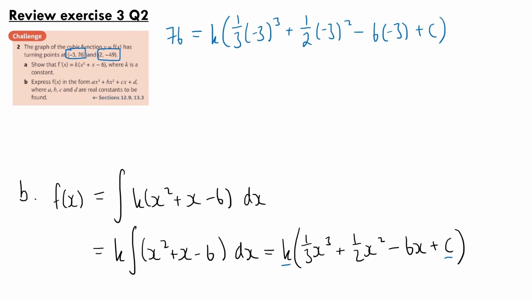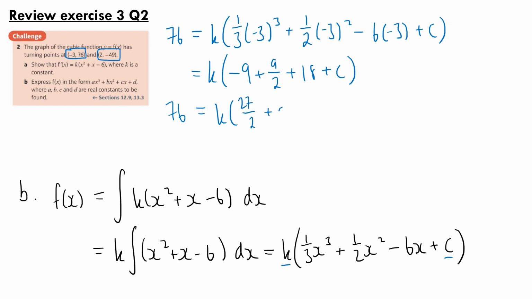And now if we simplify things a bit in the bracket there, we have first of all minus 9, then plus 9/2, plus 18, plus c. And so we have 76 is equal to k lots of (27/2 plus c).